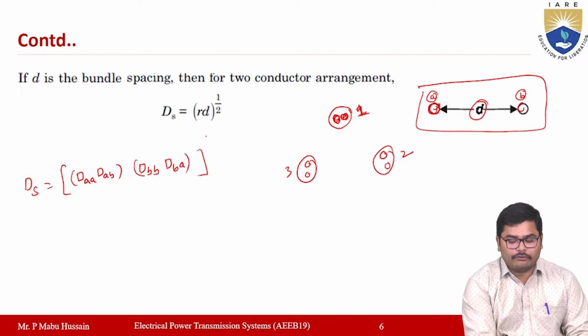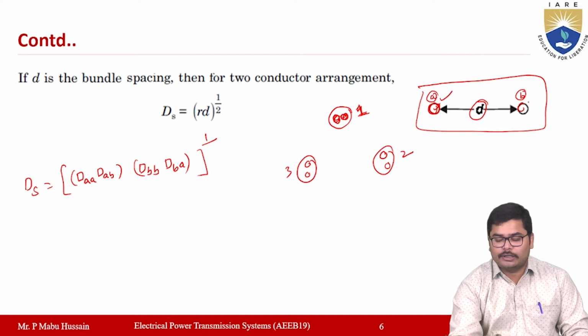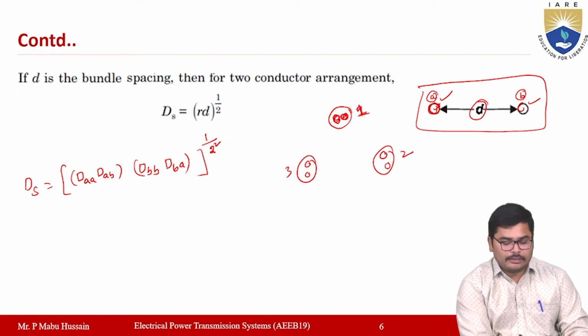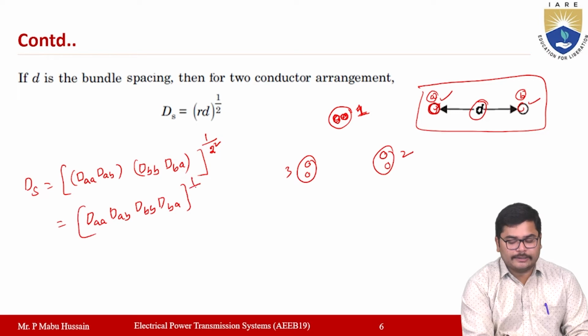So this whole to the power of 1 by, so how many subconductors are there? There are 2 subconductors, so 2 squared you have to consider. Okay, so this will be equal to DAA, DAB, DBB, DBA whole to the power of 1 by 4 you will get.